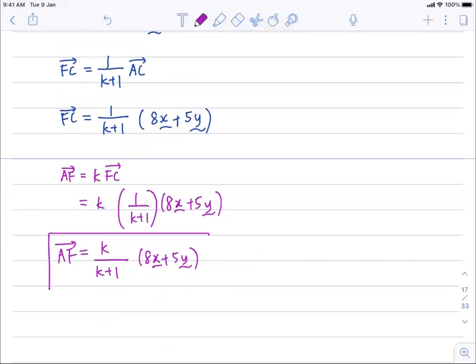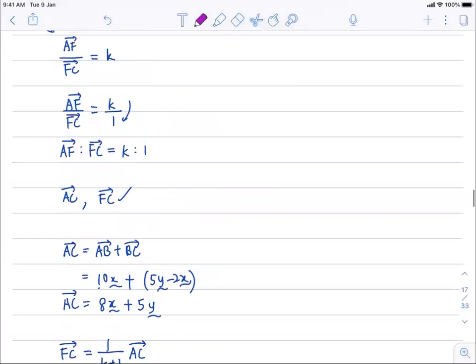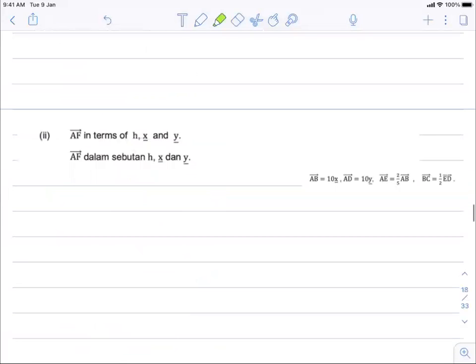So we have found AF in terms of k, x, and y. Okay, now let us move on to the next question, part B2, which is to express AF, the same thing, in terms of h, x, and y.